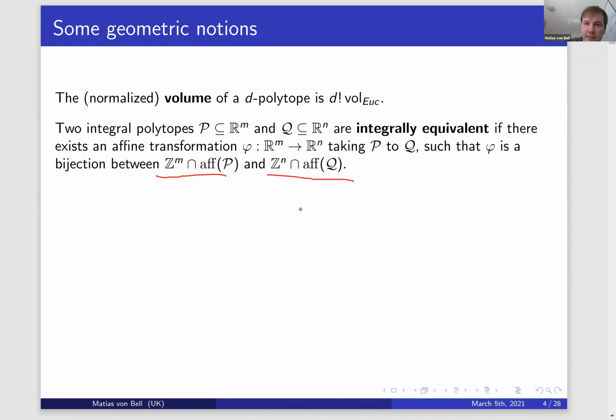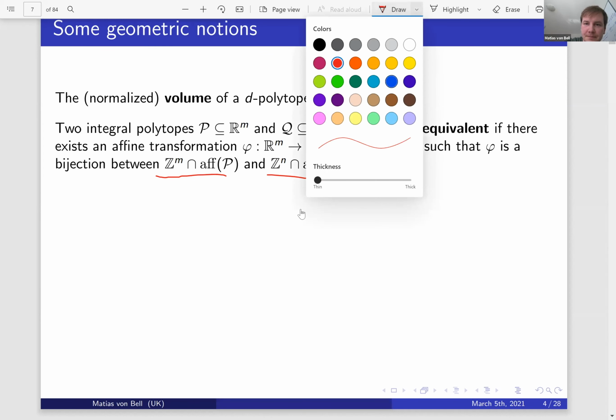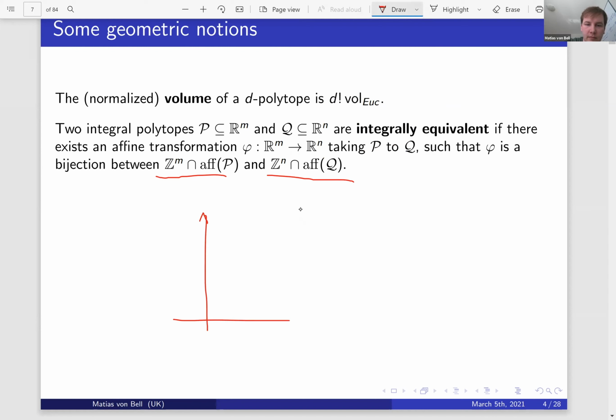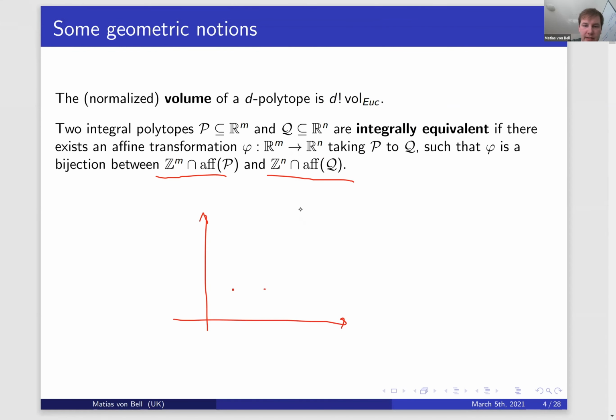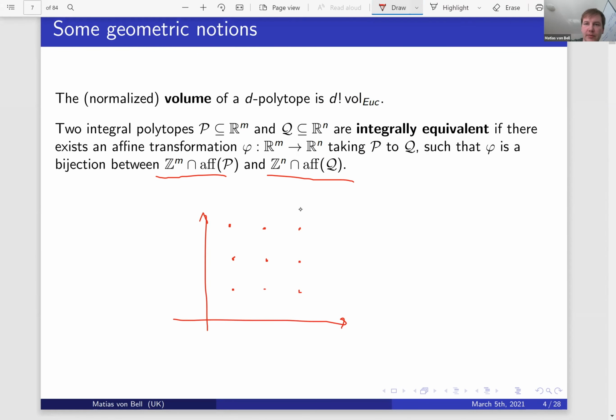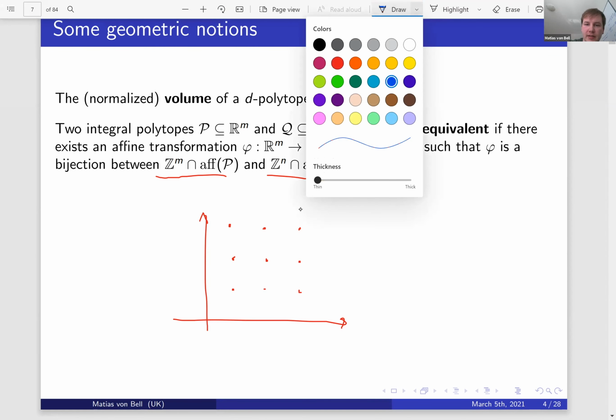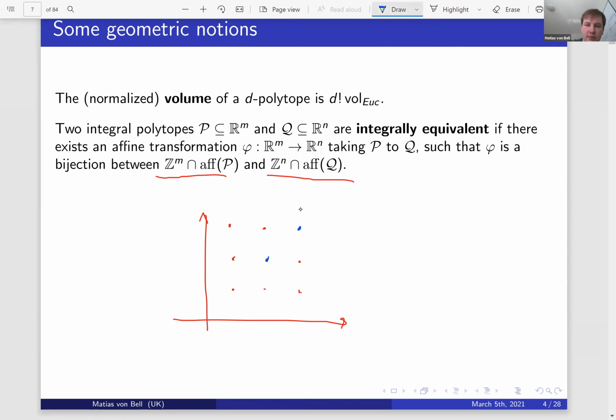So a simple example would be the following. Let's draw some lattice points in here. Okay, and suppose I have a little polytope that's just a line segment between these points.